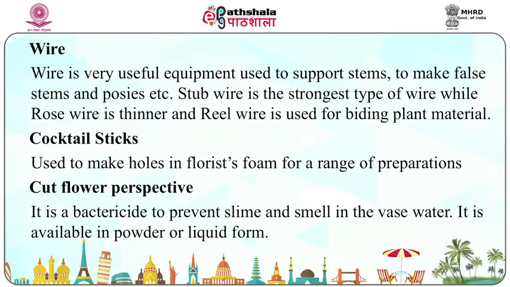Fifth example of equipment is cocktail sticks, used to make holes in the florist's foam for a range of preparations. Last example of equipment is cut flower preservatives. It is a bactericide to prevent slime and smell in the vase water. It is available in powder or liquid form.